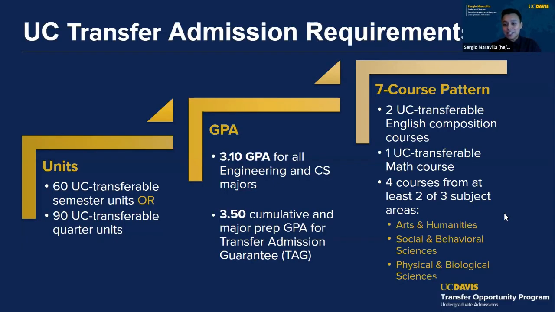Within the College of Engineering, you are very confidently going to get a lot of physical and biological sciences courses just because of all the required classes that you have for your major. However, please note that you need to complete at least 4 classes from at least 2 out of 3 of these subject areas. So please be sure that you're also taking arts and humanities and/or social and behavioral sciences courses to meet this 7-course pattern requirement.